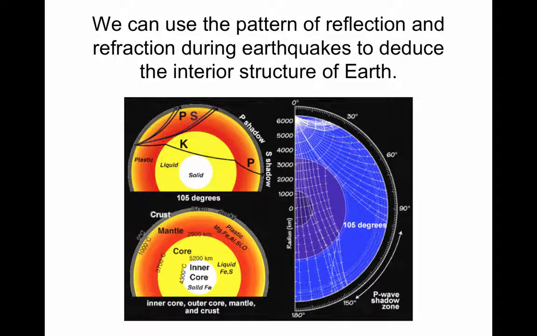Therefore, there are parts of the Earth where you cannot see the S waves from an earthquake, and that's how we know that there's liquid inside of the Earth. And so from studying the waves like this, we've been able to determine the structure of the inside of the Earth, which we'll go through in a little more detail on the following slides.